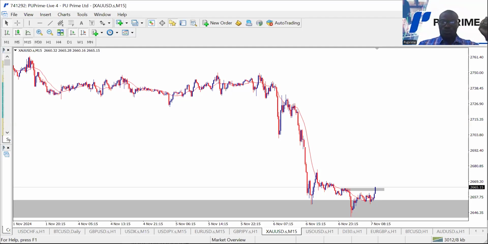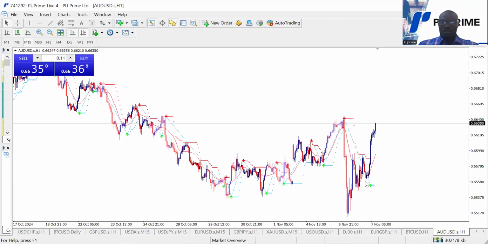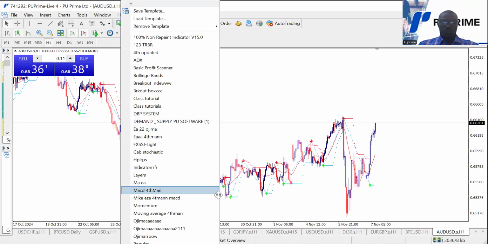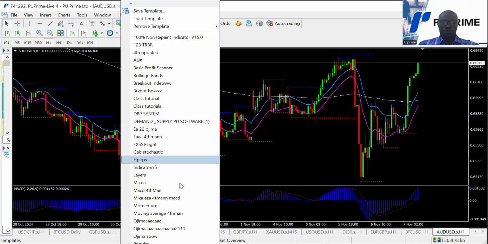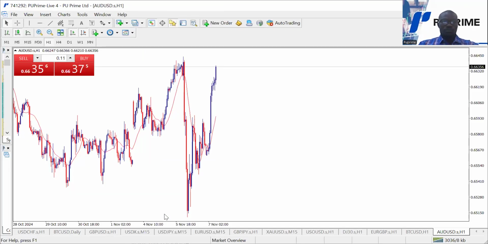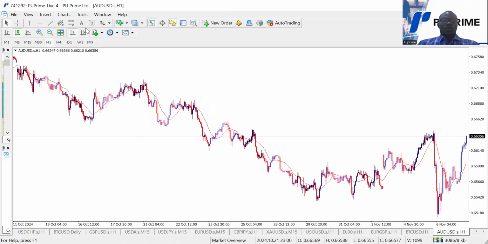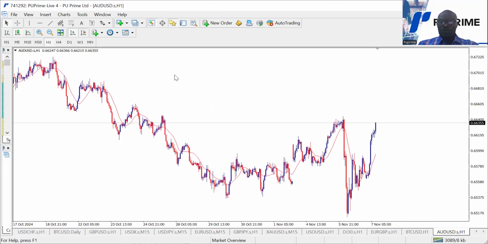AUD/USD is also posing some bullish sentiment. We are seeing a couple of buyers for AUD/USD on the daily time frame.